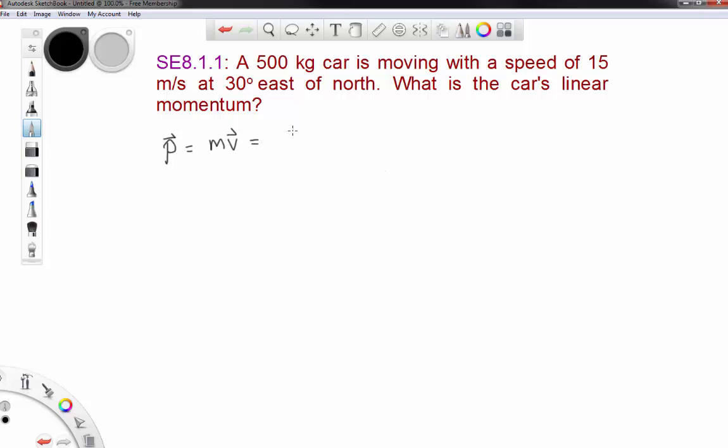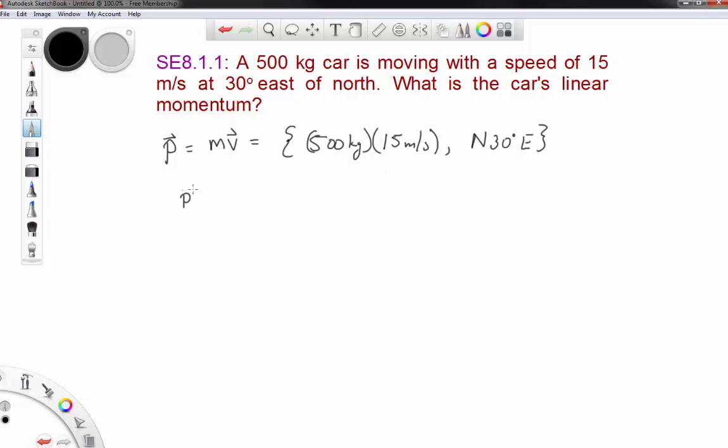So the mass is given as 500 kilograms, and the velocity is given as 15 meters per second in the 30 degrees east of north direction.